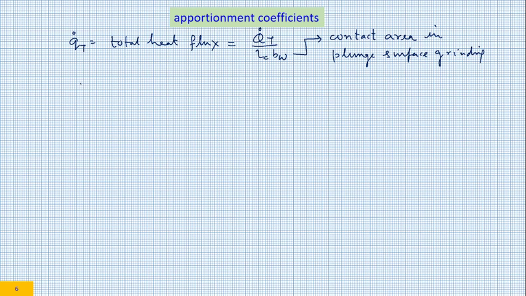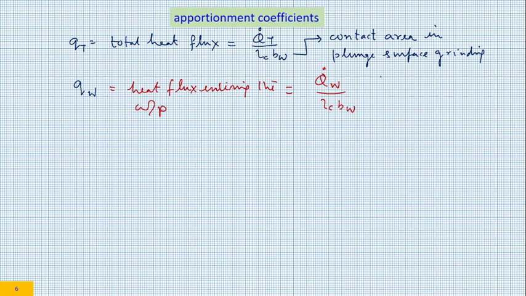Similarly, there is something else which is QW. QW, we need not use the dot. We can get rid of the dot. There is no need to use the dot. It is simply QW, QT. So QW is basically the heat flux entering the workpiece, and this is equal to capital QW dot divided by LC into BW.